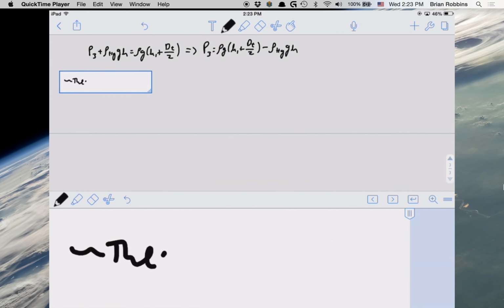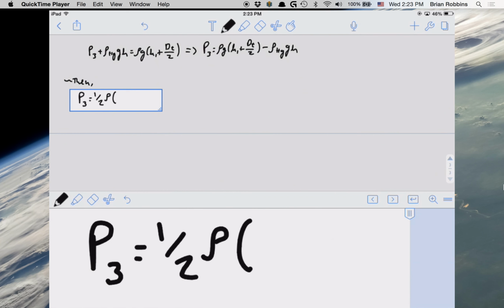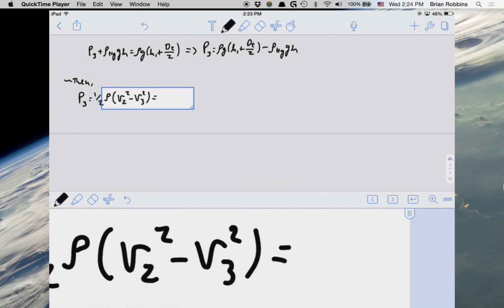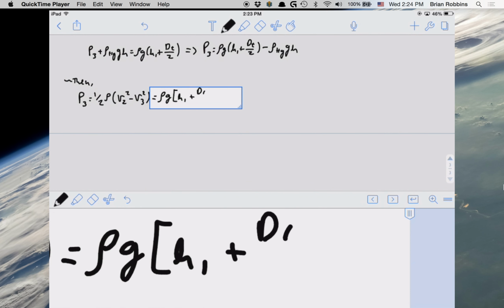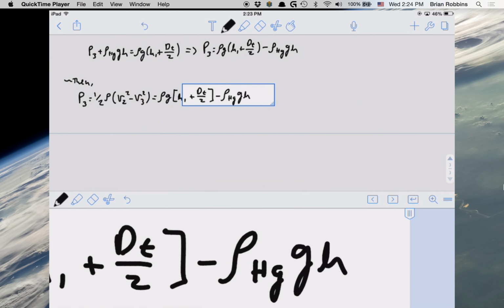So then we have P3 is equal to 1/2 rho V2 squared minus V3 squared is equal to rho g h1 plus dt divided by 2 minus the density of mercury times gravity times height.